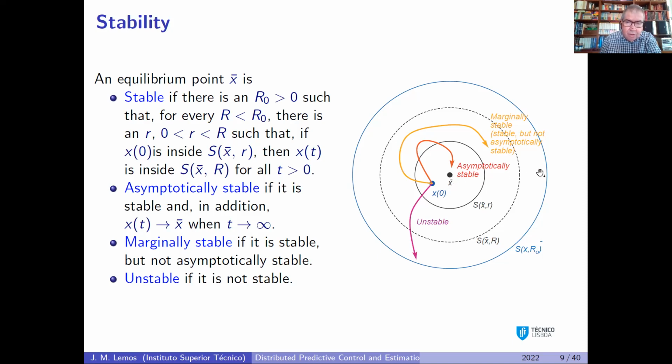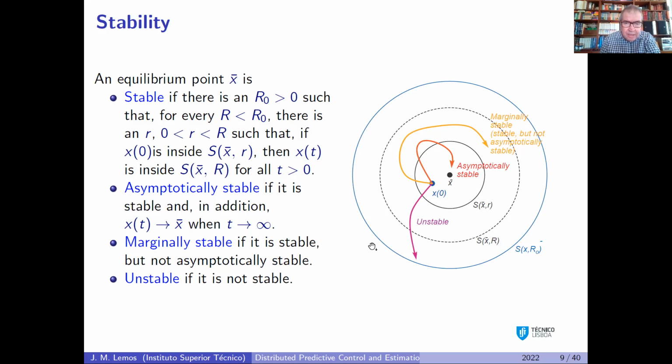We consider, first of all, this largest ball, okay? I represent balls by the symbol S for sphere, of center x bar. The bar is missing there, so this is a typo. So center x bar and radius R0. So the distance between any point in this sphere and the center is at most R0.